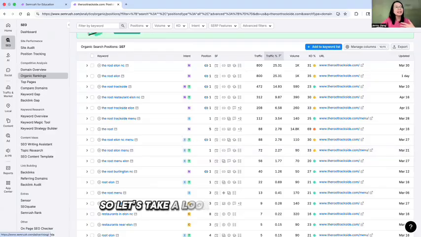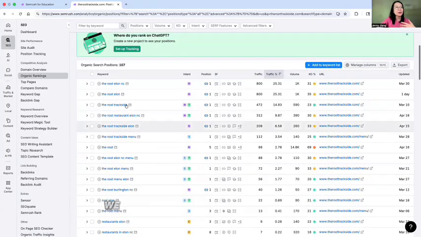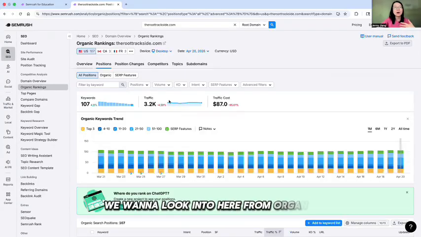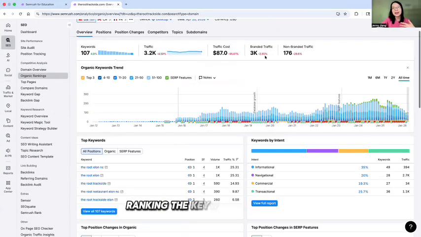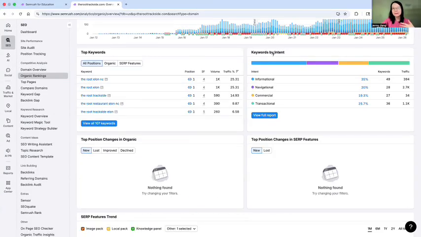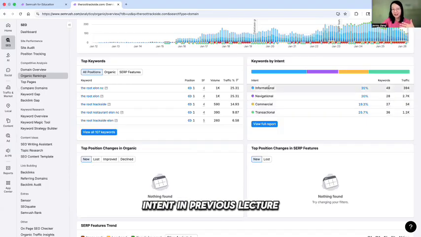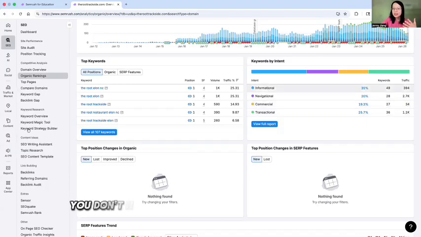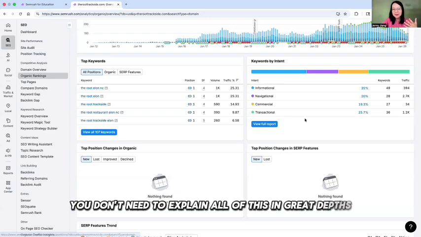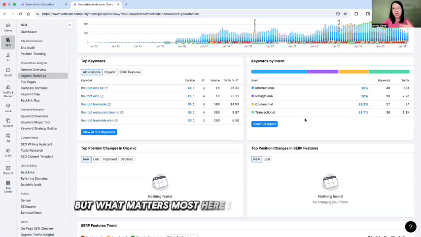So let's take a look at the other metrics we want to look into here from organic ranking. The keywords by intent. We have informational, navigational, commercial, transactional. We have explained the definition of those four intents in a previous lecture. And you don't need to explain all of this in great depth, but what matters most here is the overall pattern.